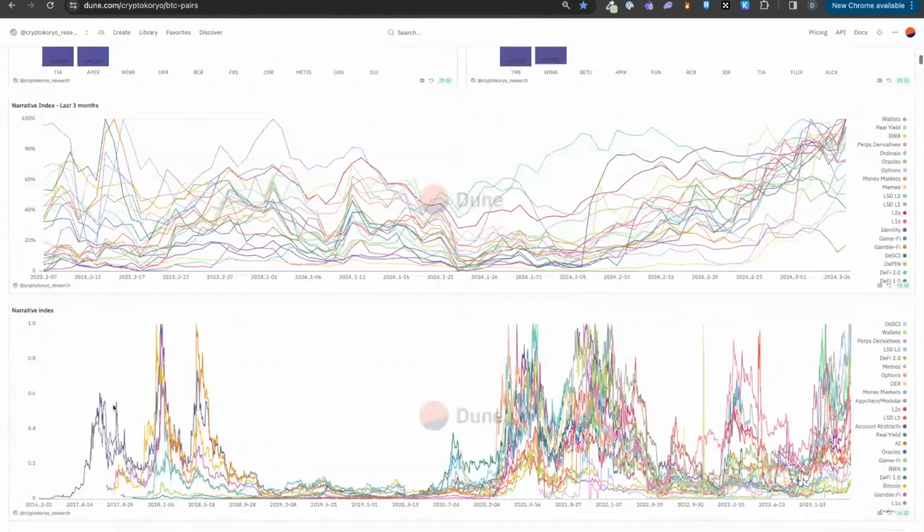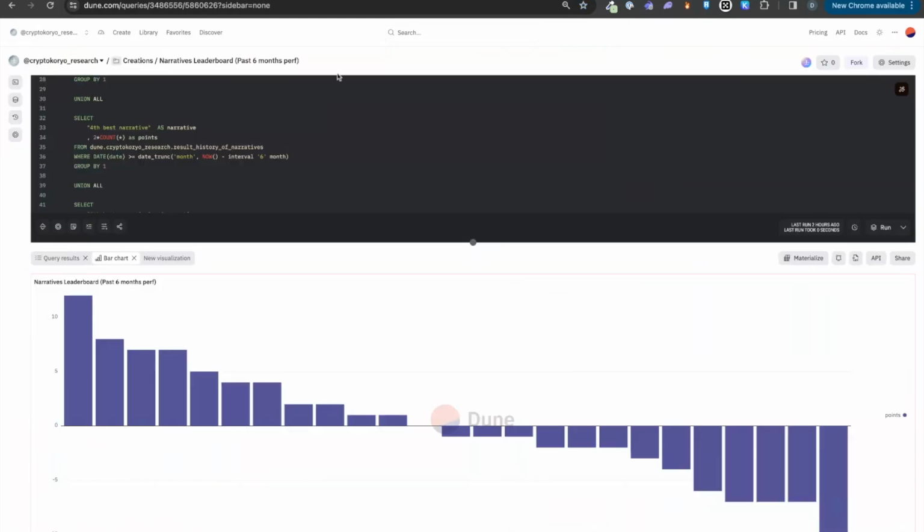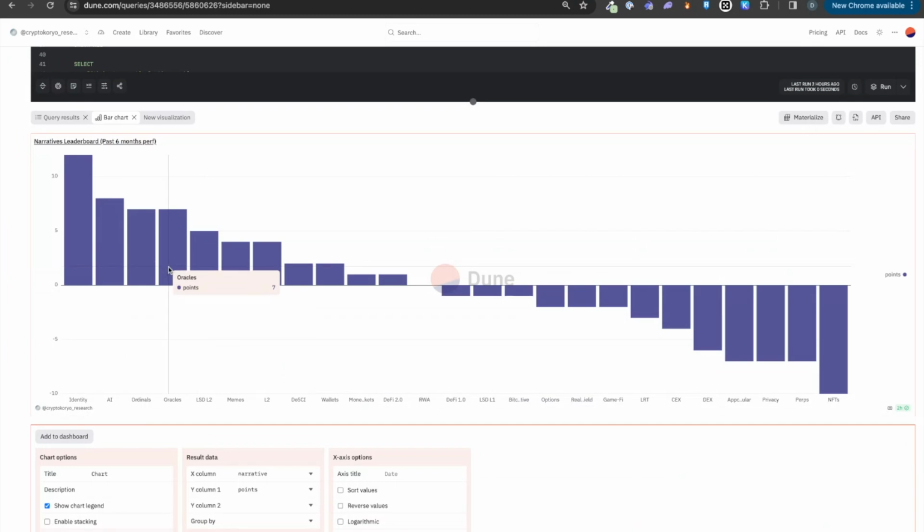So we know here identity, AI, memes, LSTs, identity, ordinals, L2, ordinals, etc. This is one thing I strongly recommend: look at this every month, every other week, and put your focus on what's trending. We know that betting on strength is something that historically works really well in crypto.